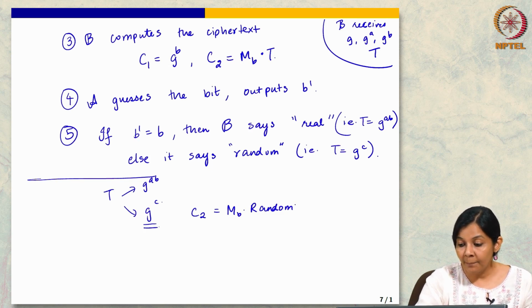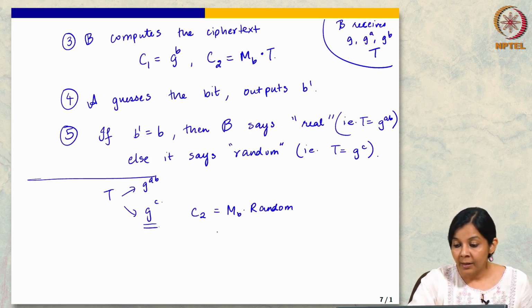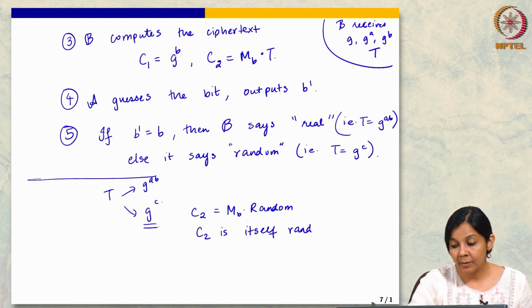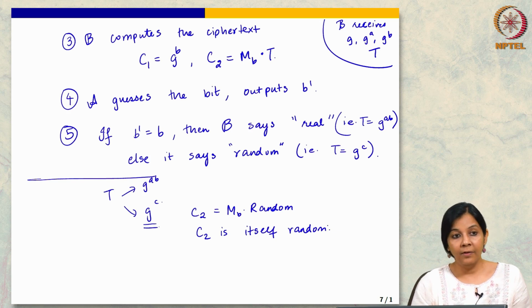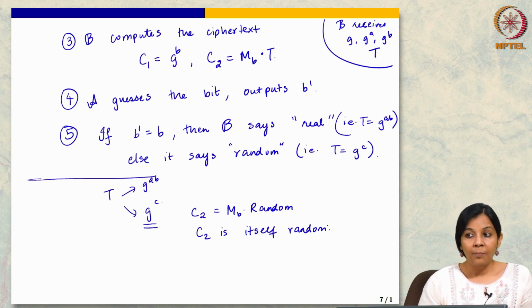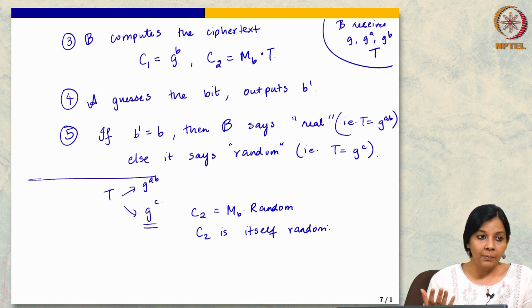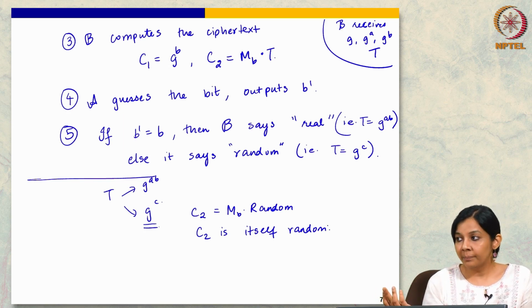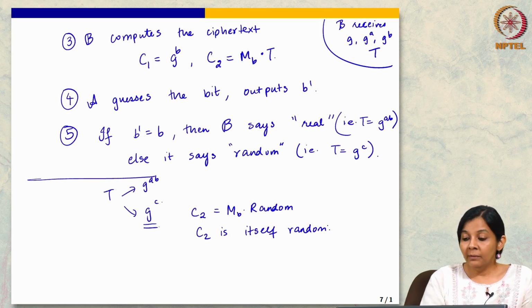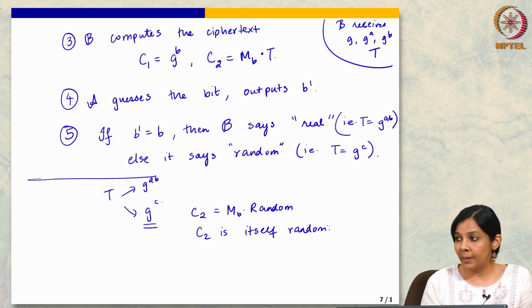And if it is M_b times random, that means that C2 is itself random, right. Does everyone agree? Because if the message is being masked by a truly random element, then this distribution is now independent of the message. So, in this case C2 is completely random, that means that information theoretically it hides the bit b.